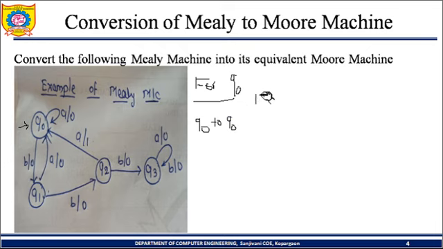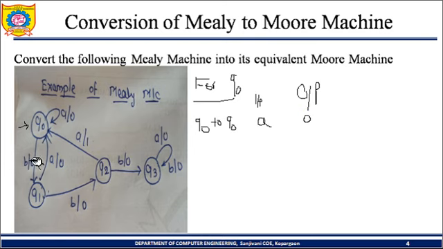On what input, and at that time what is the output? This one is the input and this one will be the output. So on input A, there is an incoming edge from Q0 to Q0, and output is 0.